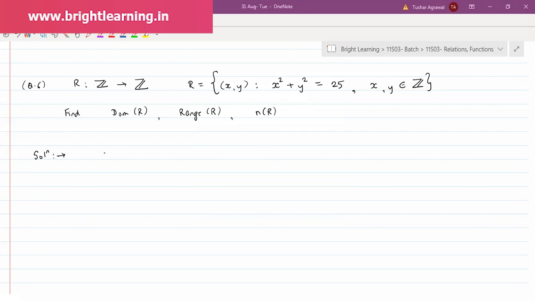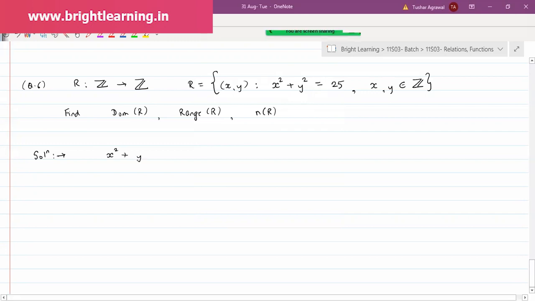x square plus y square is 25. Now here, since x and y both are integers, first of all, we are not dealing with complex numbers. So x square is positive, y square is positive. In complex numbers, x square may turn out to be negative also. Here z is a simple real number only. Integers are real numbers.